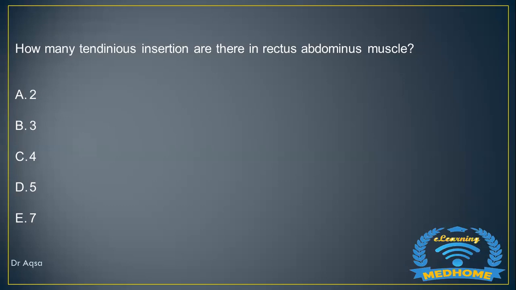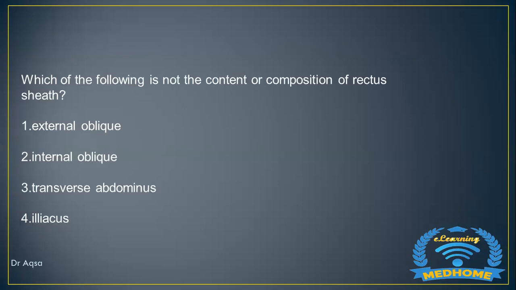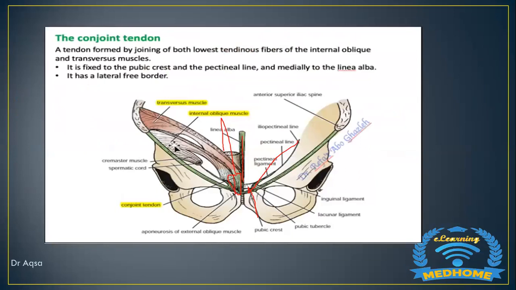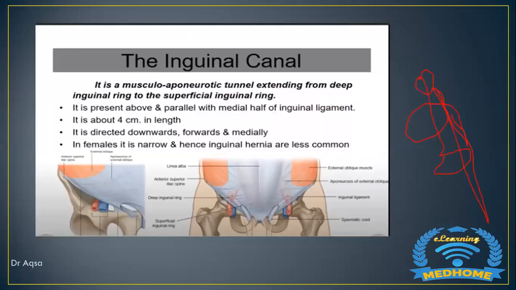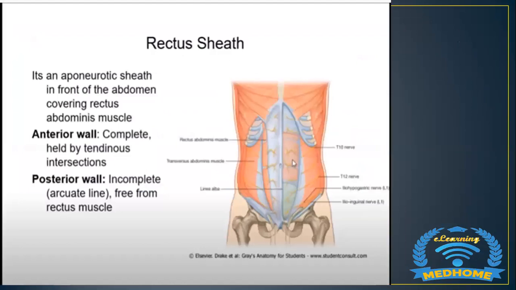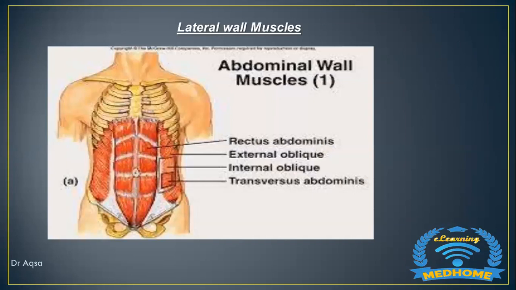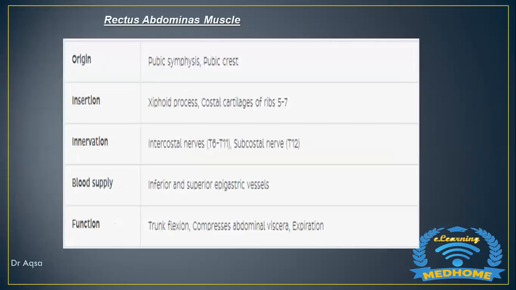Okay, I'll take you back to that slide for the rectus abdominis muscle. Now tell us how many tendinous insertions are there for rectus abdominis muscle? 3, 4, 5, 7.